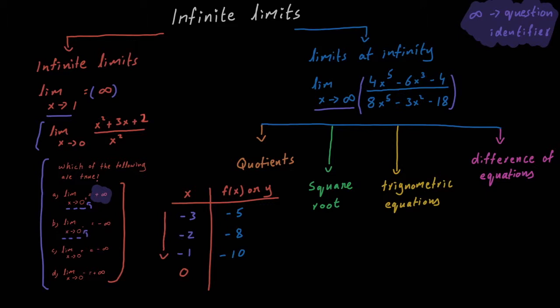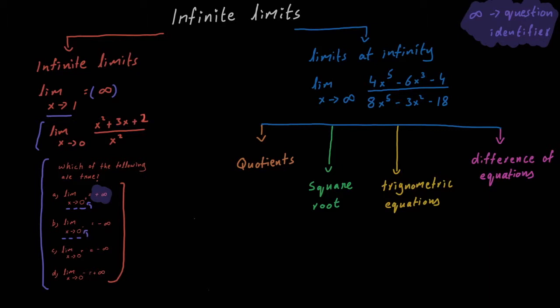So we can see from the graphical perspective that as we are reaching negative 3, negative 2, negative 1, as we are reaching 0, our graph is getting more and more negative. So it is reaching negative infinity. So our part B would also be true if these are the given numbers.